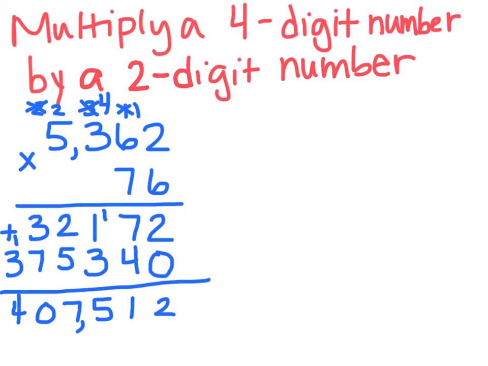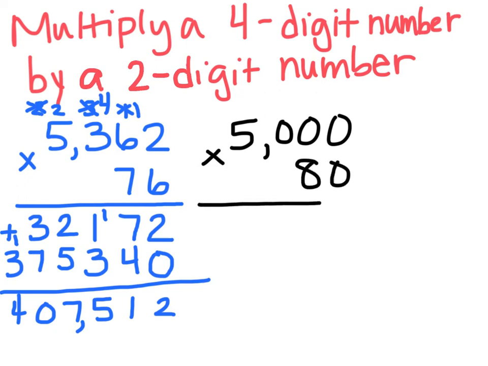Don't forget our last step, which is to ensure that we are checking to see if our answer is reasonable by using estimation. So we would round 5,362 to 5,000, which we're going to multiply by 80 because we'll round 76 to 80. So 0 times 5,000, we'll have a 0 in our ones column. 8 times 0 is 0. 8 times 0 is 0. 8 times 0 is another 0.